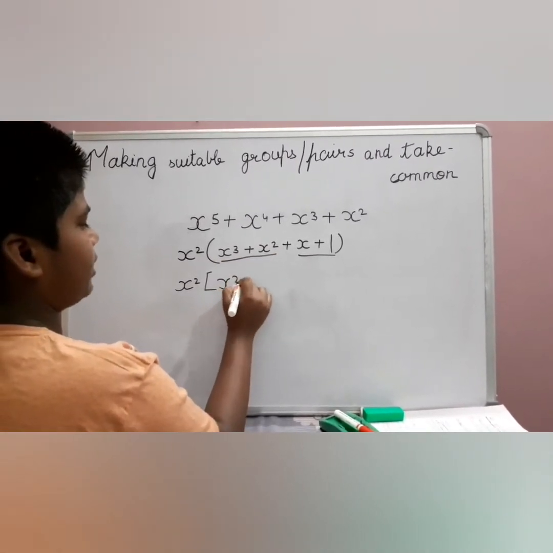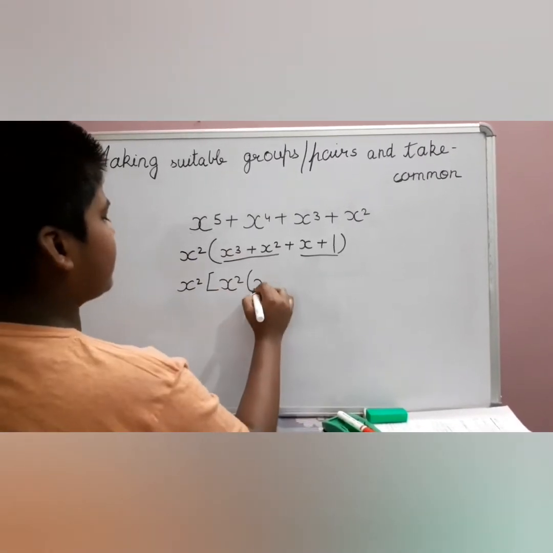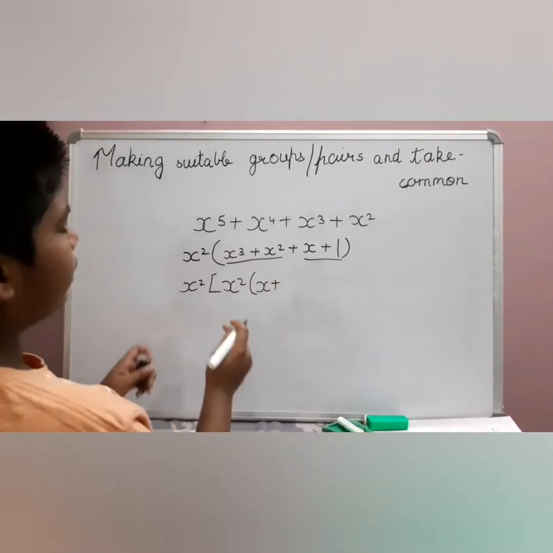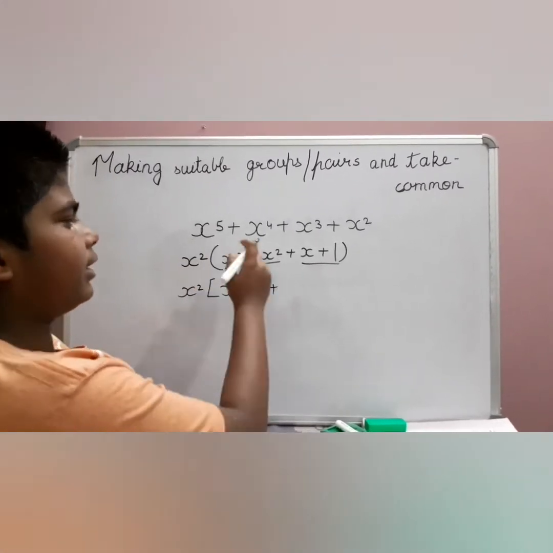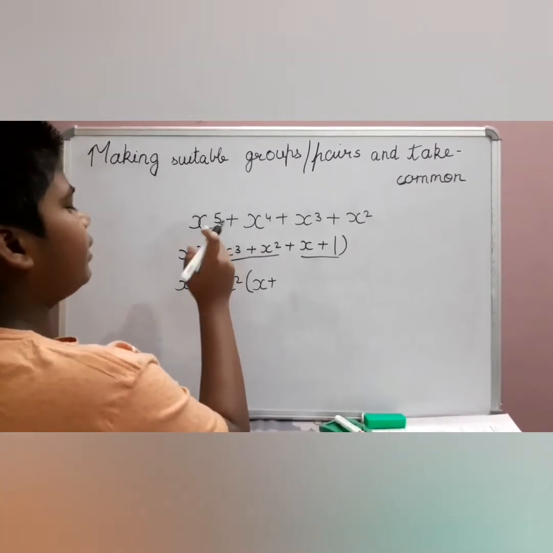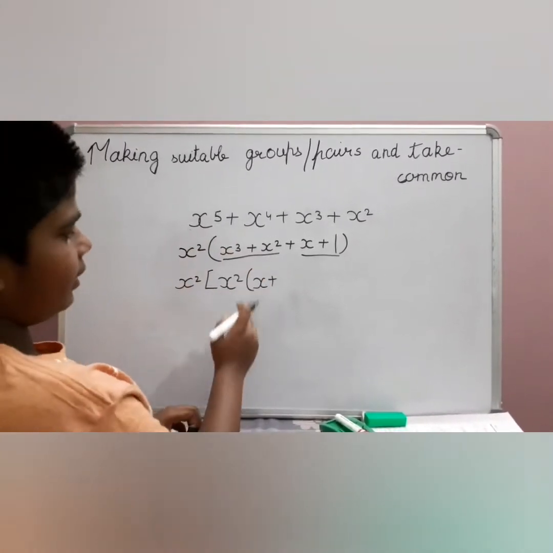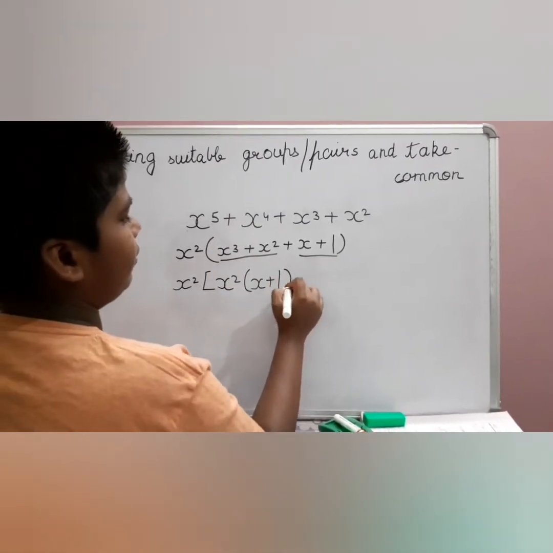So x square is taken common. I told you taking common means to divide the term with the other terms. So if we divide x cube by x square, x will be left, and x square by x square, 1 will be left.